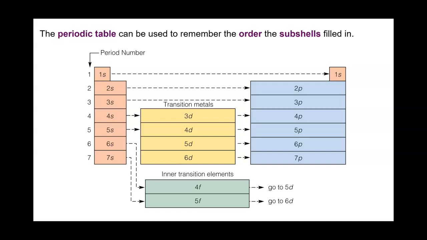So, as I was saying, if you want to, you can use the periodic table instead of the Aufbau diagram in order to remember the order that the subshells are filled in.